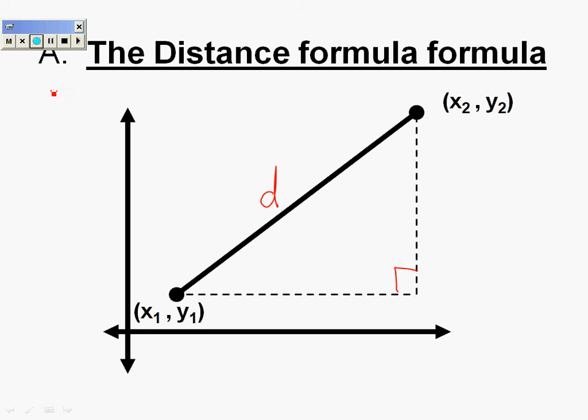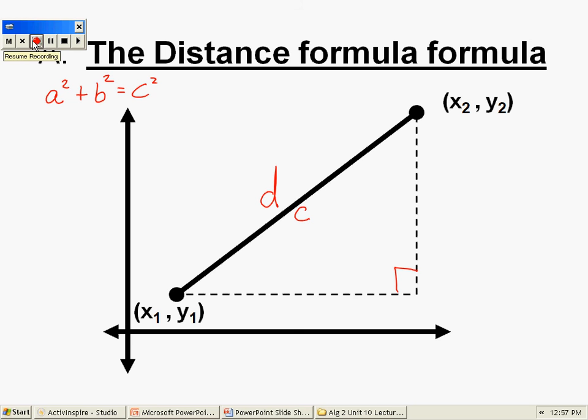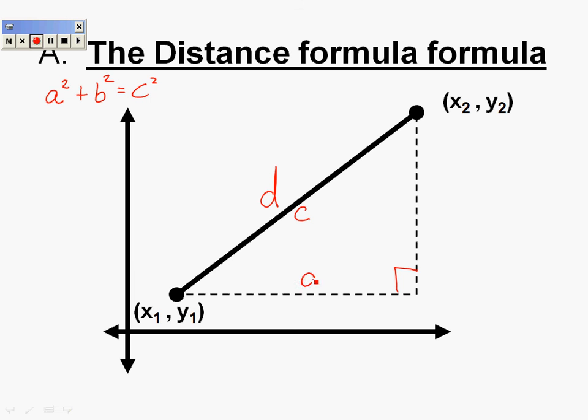And that rule says that a squared plus b squared equals c squared, where c is the hypotenuse. Which of these sides represents the hypotenuse? D would. So this is my hypotenuse. The other two sides, which we're going to call the legs of the triangle, are the a and the b.